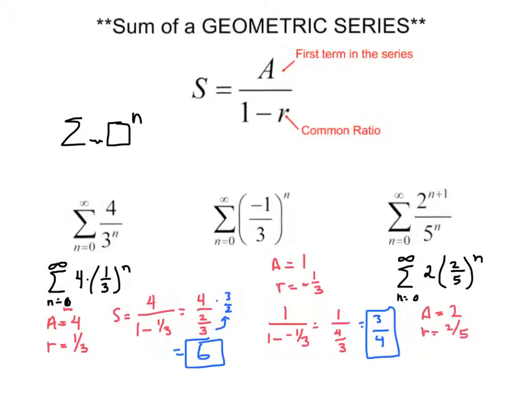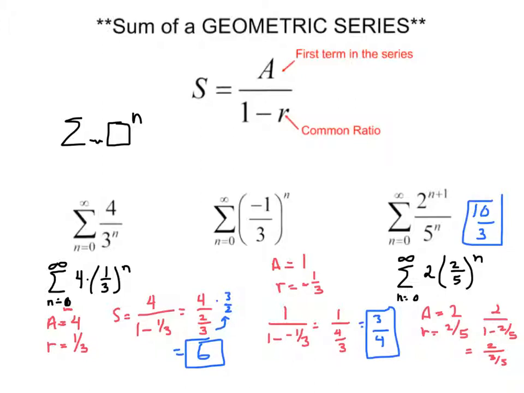So 2 over 1 minus 2/5 is 2 over 3/5, which is the same as multiplying by 5/3. I've run out of room, so I'll put the answer up here. It's 10/3. So, a nice formula to use, and one that you should really keep in mind. It's first term over 1 minus common ratio.